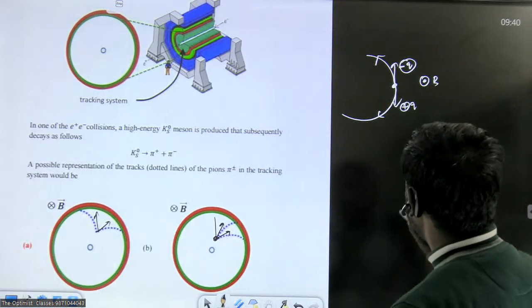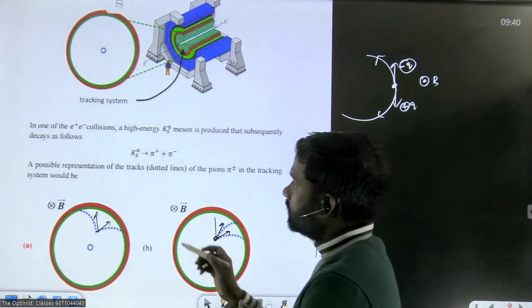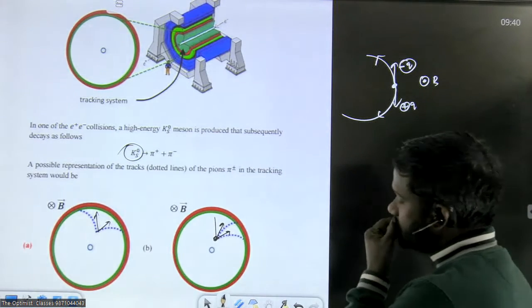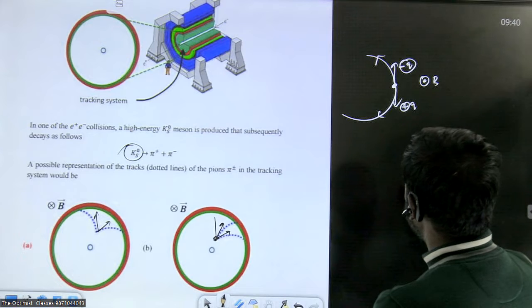So if we assume that they are going in the same direction, that can happen only if the K meson already has some momentum.